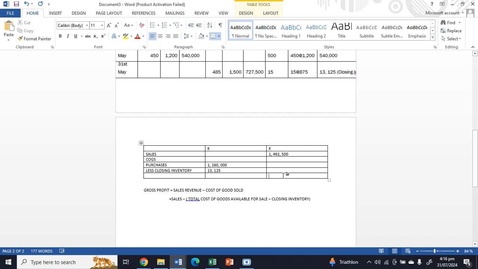So say 1,160,000 minus 13,125, we get 1,146,875. So this represents the cost of goods sold.